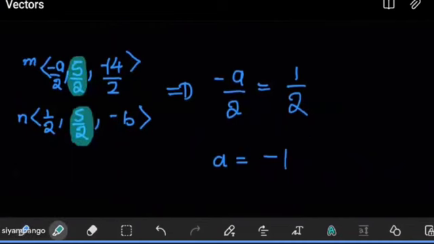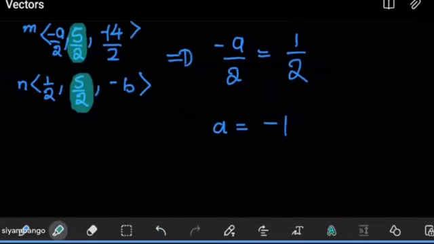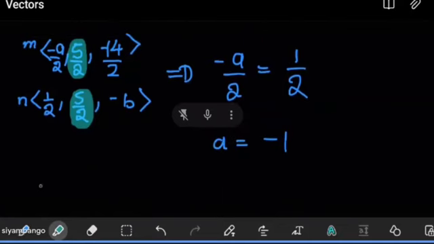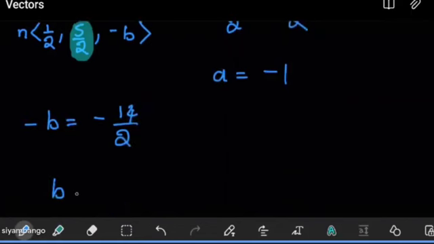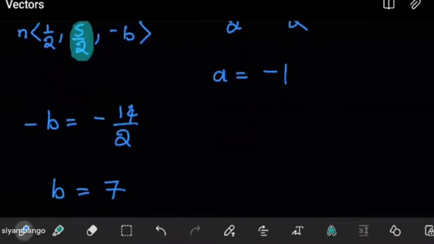So the others must match up since they're parallel. Yes, I do. And when it comes to the second one, for b, it implies that minus b has to be equal to minus 14 over 2. This implies that b has to be equal to what? To 7. Is that okay? Yes, it is. Okay.